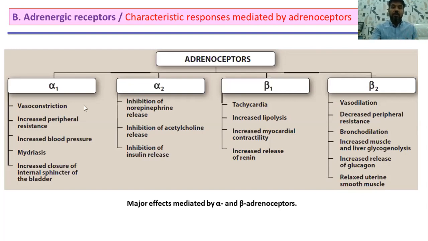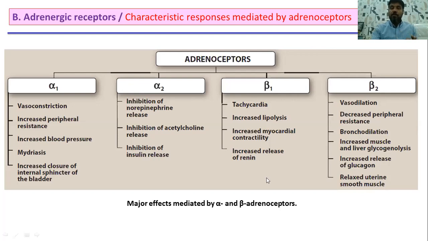Alpha 2 receptor, as I mentioned previously, is an autoregulatory receptor responsible for the autoregulatory mechanism, and binding of agonists with this receptor can cause inhibition of norepinephrine release, and inhibition of acetylcholine release. And again, binding of specific agonists with alpha 2 receptor can cause inhibition of insulin release.